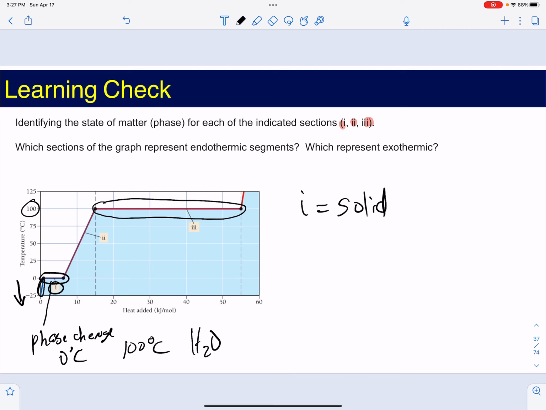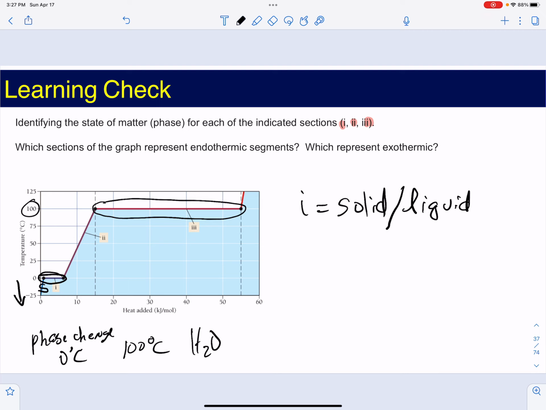So a solid will happen here, however, it's pointing to the plateau. So the plateau is where the melting and freezing happens. So that would be a solid and a liquid in equilibrium.